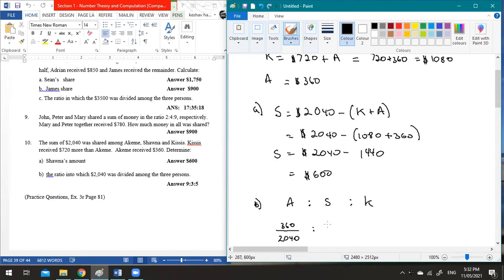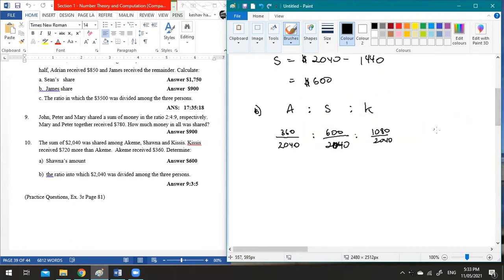Shauna received 600 out of the 2,040. And Kisses received 1,080 out of the 2,040. So we have to simplify each one of those fractions to figure out what was the shares that they get, right?